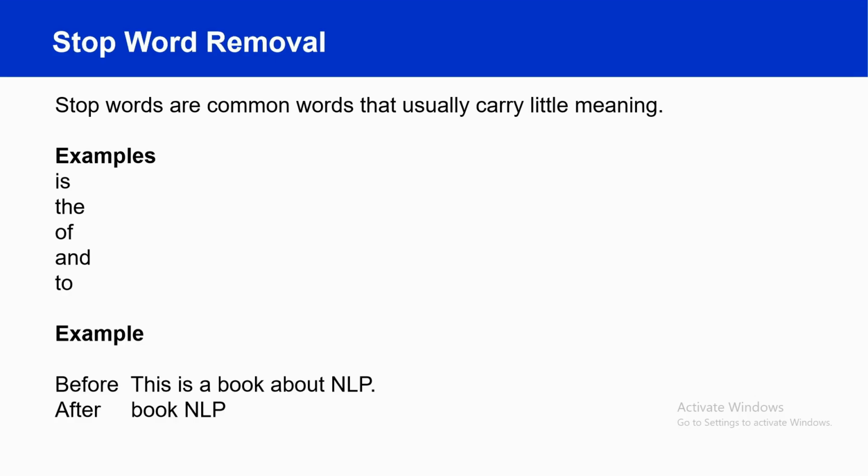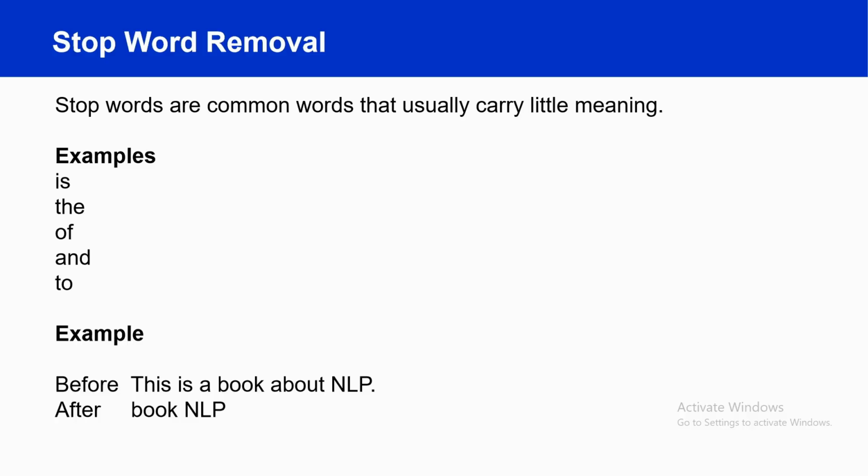Removing the stop words has several advantages. First, it reduces the size of the text data. Second, it reduces the amount of computation required by machine learning algorithms. Third, it helps the model focus on only meaningful words instead of very common words. Sometimes stop word removal is not beneficial.